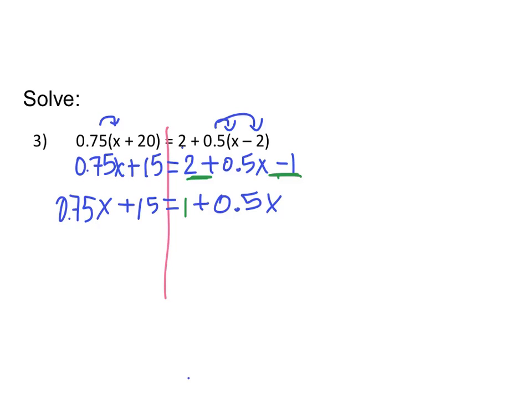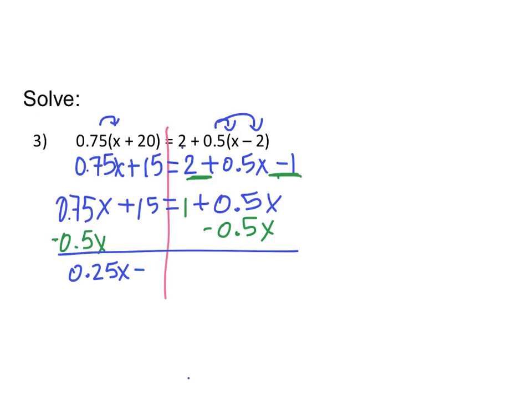Now, since we have variables on both sides, we want to go ahead and use inverse operations to get them together on the same side. This is going to leave us with 0.25x plus 15 over on the left. On the right is 1 because these cancel each other out. We almost have our x by itself.